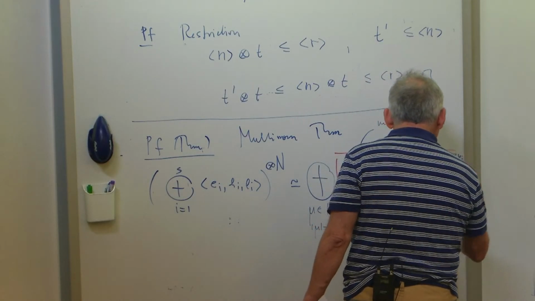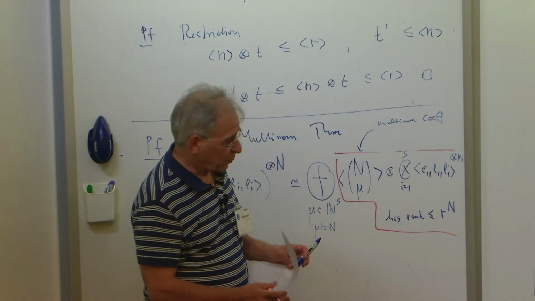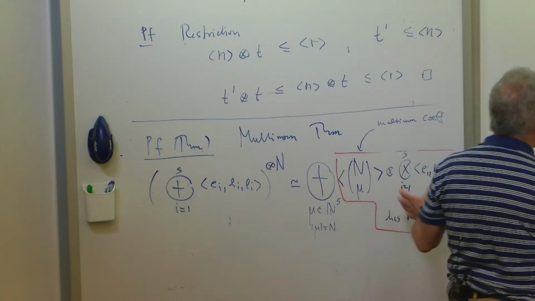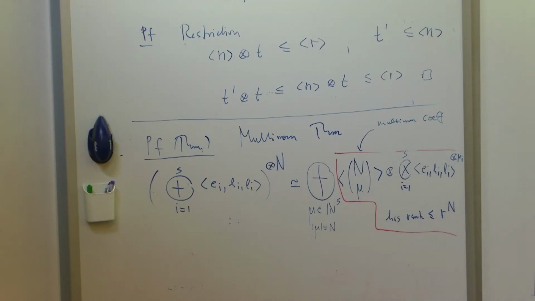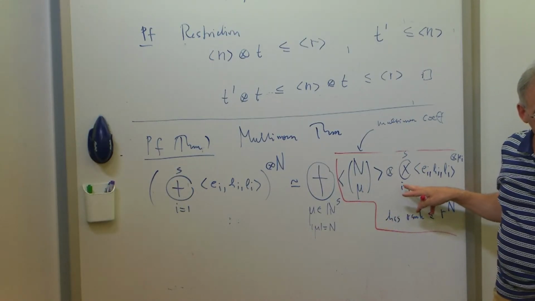Of course, this tensor also has rank at most r to the n. I would like to apply this principle, but there is a problem, because here is just one matrix multiplication tensor, but here I have a direct sum of many of those.